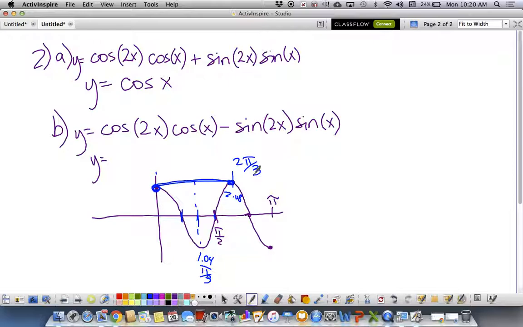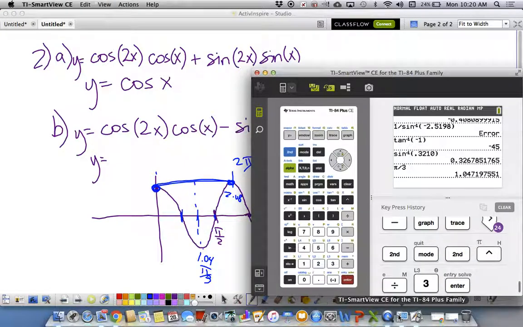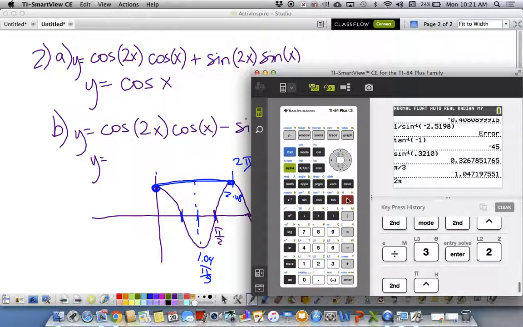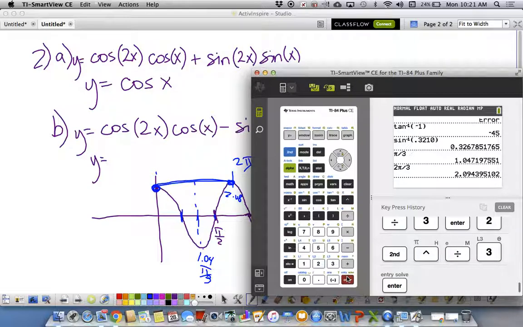So I'm going to go back to my calculator and see, did that work? If I do 2 pi divided by 3, 2.09. Look at that. That's why you need those decimal pieces to figure out.